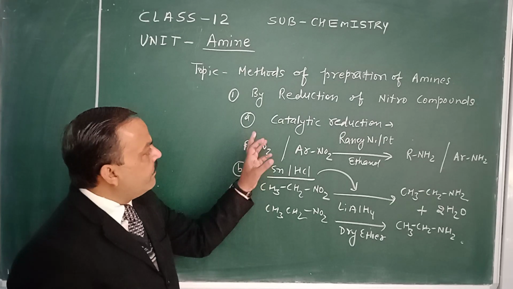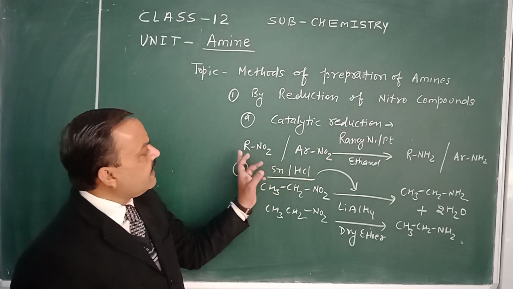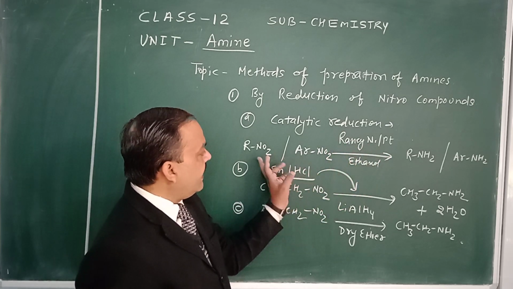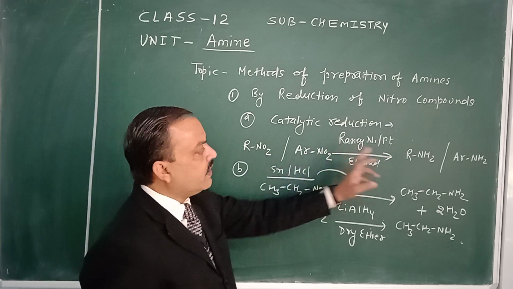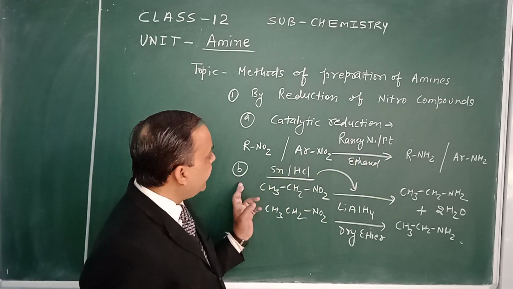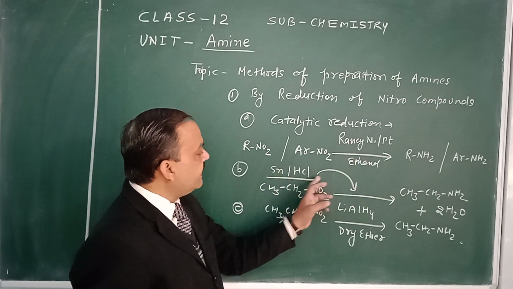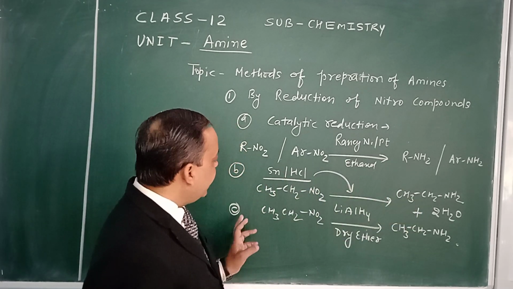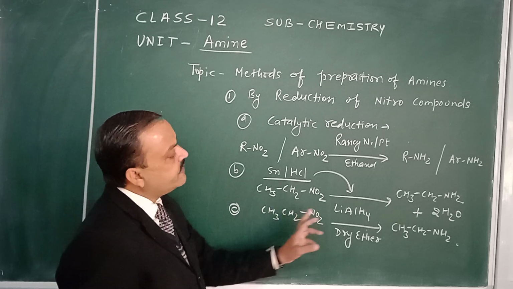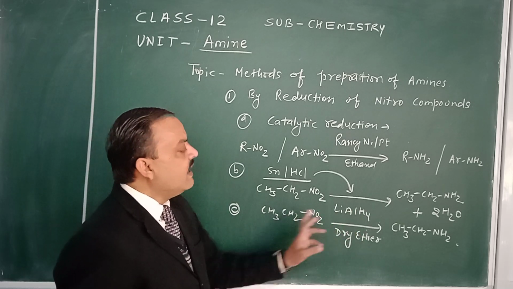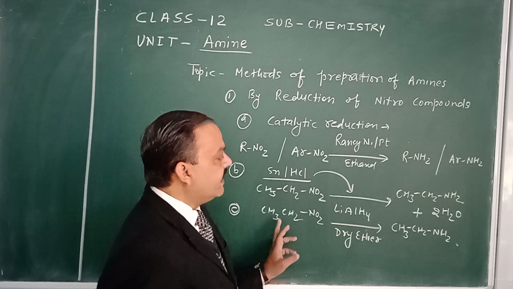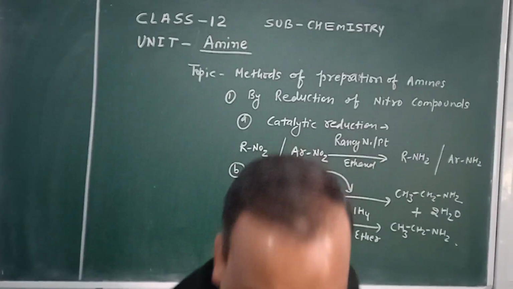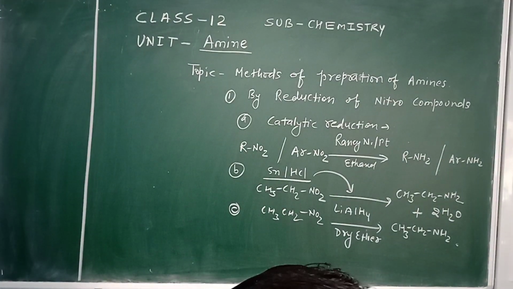First, catalytic reduction, where we use nickel or platinum as a catalyst and the nitro compound converts into the amine. Second, in the presence of Sn and HCl, the nitro compound converts into the amine. Third, where we use lithium aluminium hydride, the nitro compound converts into the amine. So this is our first method.